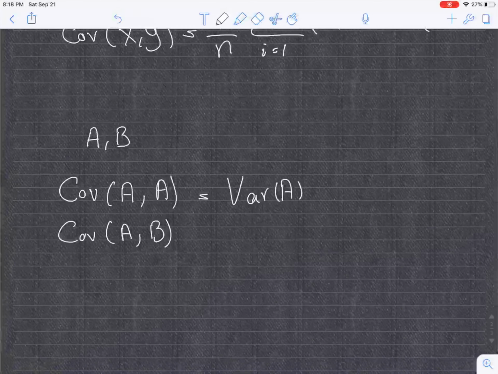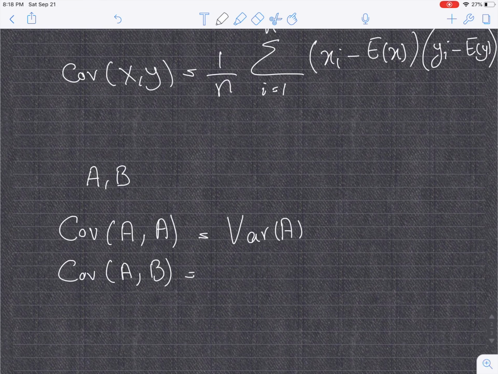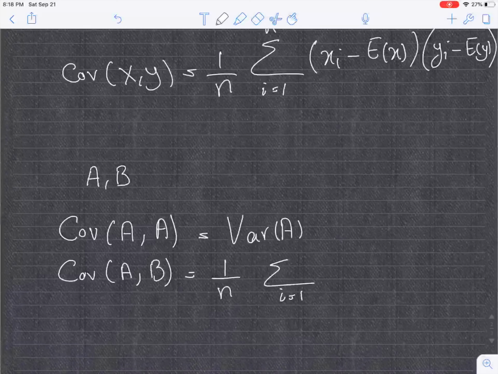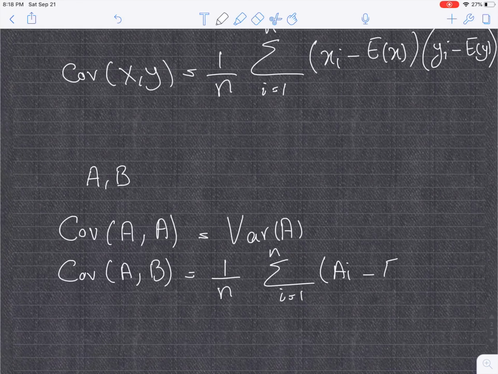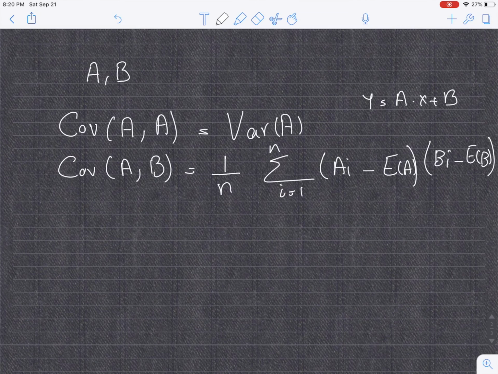We are actually fitting for A and B. So our covariance matrix in this case is going to have these terms: covariance of A and A, which will be equal to variance of A, covariance of A, B, which as we defined there, is going to be 1 over n sum of AI minus average of A, times BI minus average of B. The other term that we have is covariance of BA, and finally covariance of BB.